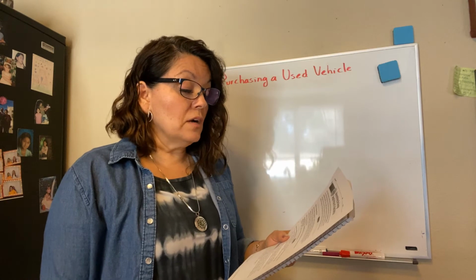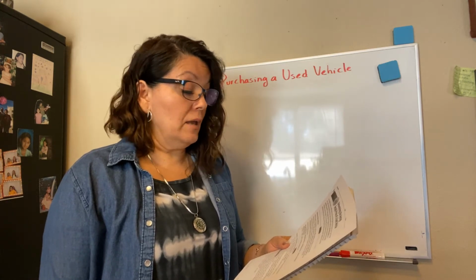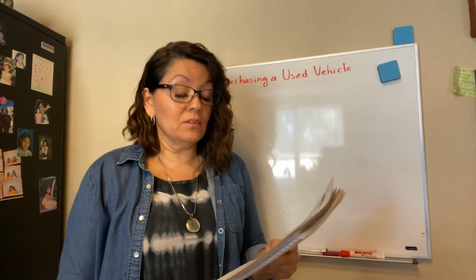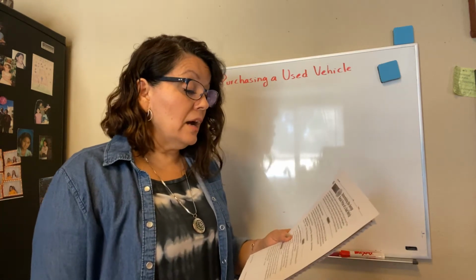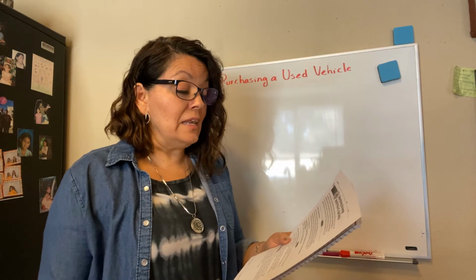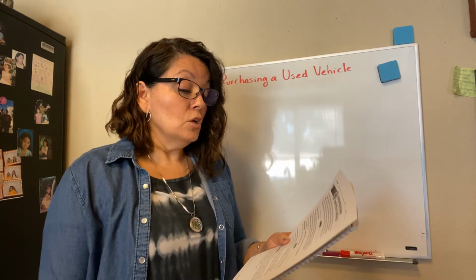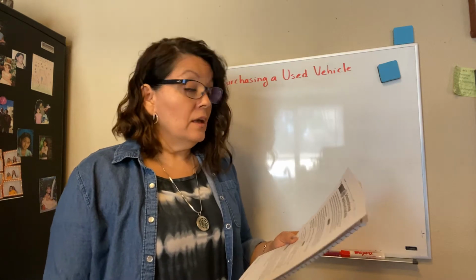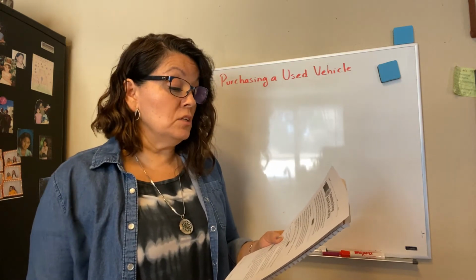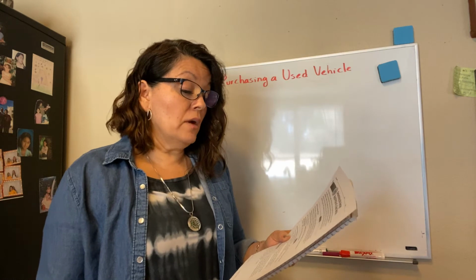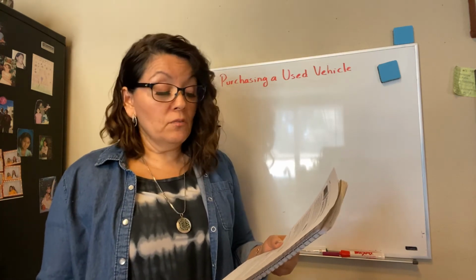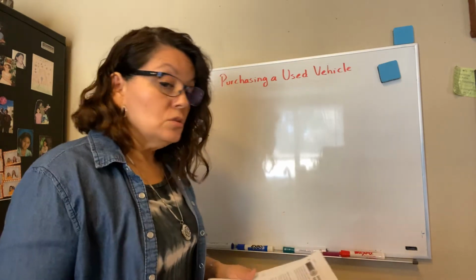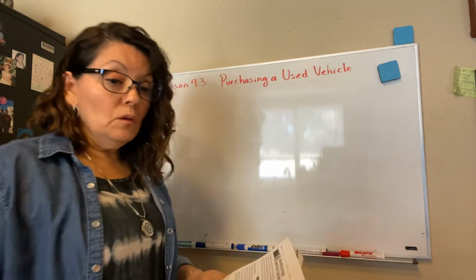The used vehicle guides indicate an average retail value of $16,725. The guide also states that $950 should be deducted for the lack of air conditioning, and $350 should be deducted as well if the miles are between 35,000 and 40,000. So what are we going to do?